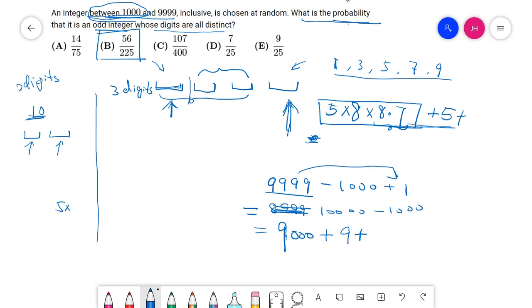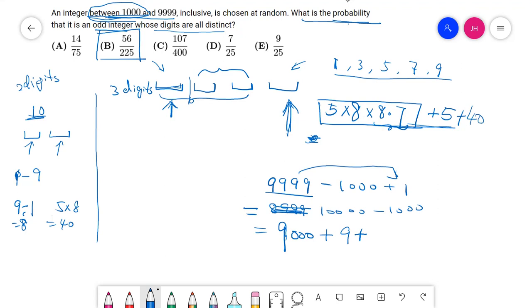So this can be any number between 1 and 9, but less one more number which was chosen for the 1st digit. So that's 9 minus 1 equal to 8. Therefore, the possibilities are 5 times 8, so that equals 40.